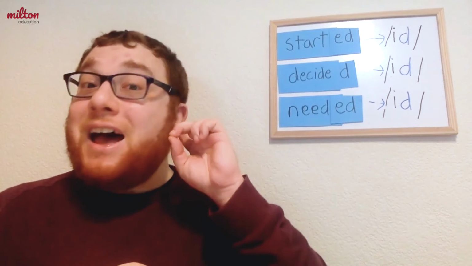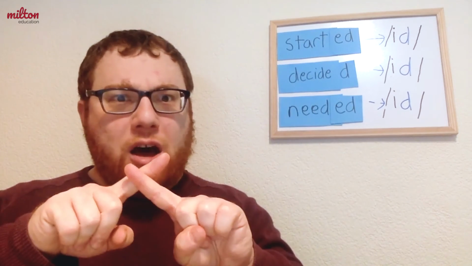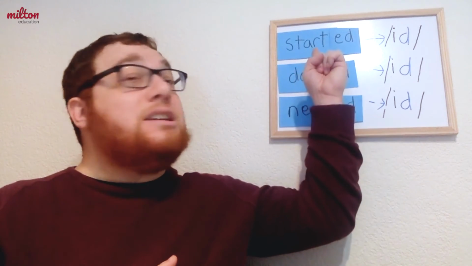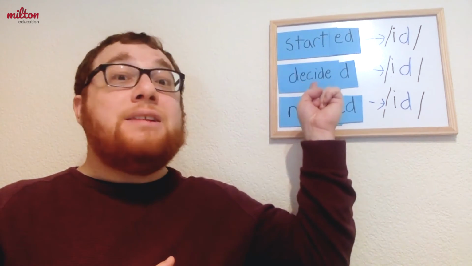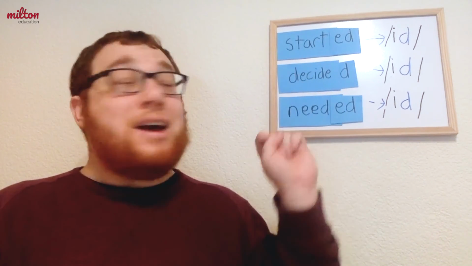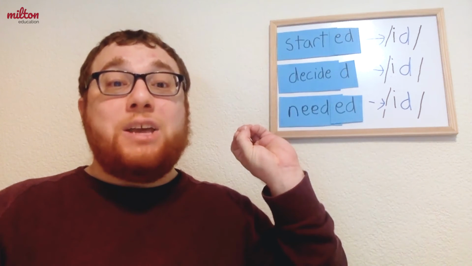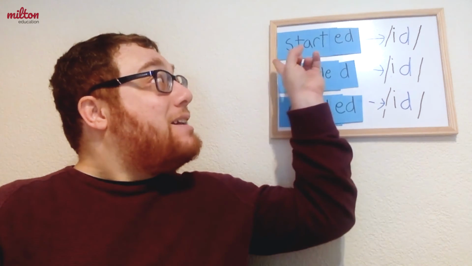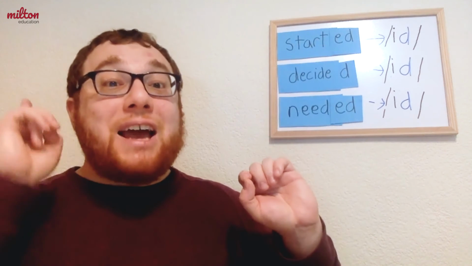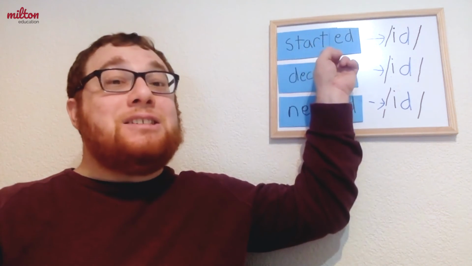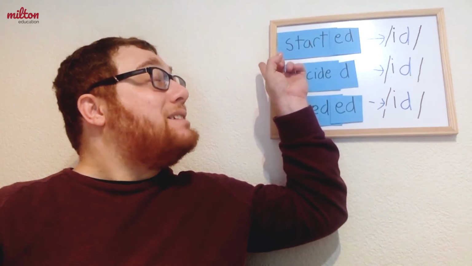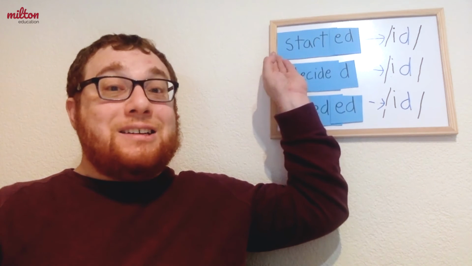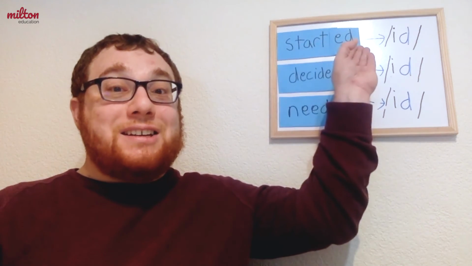When the final sound, not letter, is a t or a d sound, then in the past simple, we say id. For example, in start, the final sound is t. So in the past simple, start becomes started.